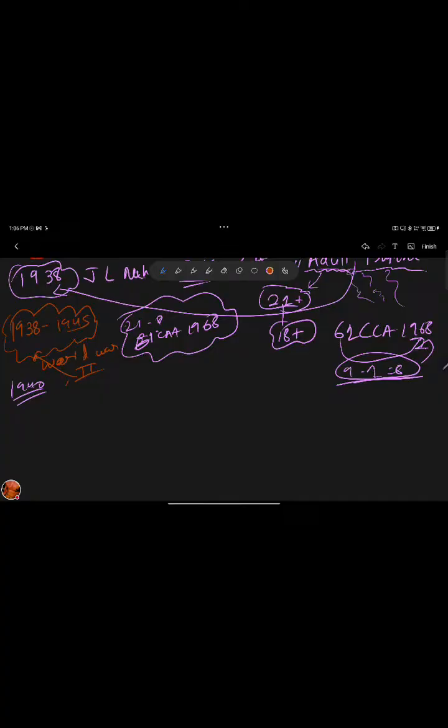So in 1940, they said to us that you can have your constituent assembly, but you need to participate in the war for us.